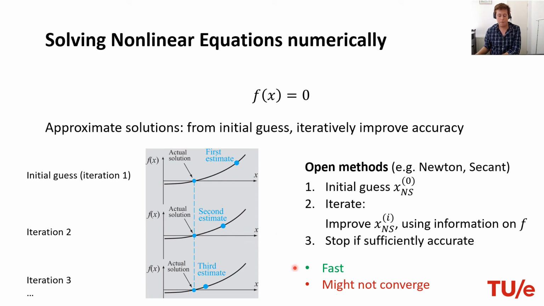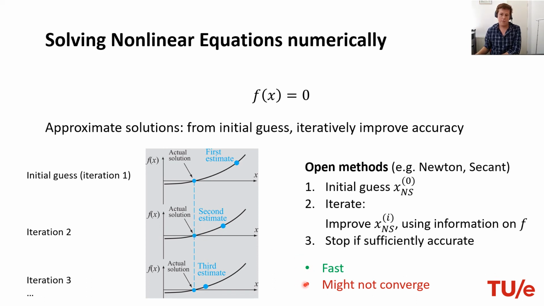The major upside of these methods is they can be very fast. If they work, they are orders of magnitude faster than bracketing methods. For instance, the Newton method can attain what we call quadratic convergence, which is an extremely fast convergence to the actual solution.